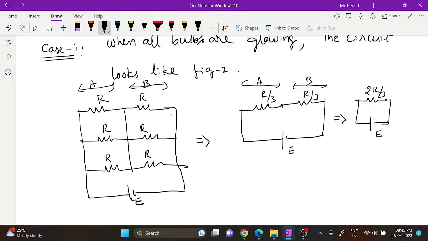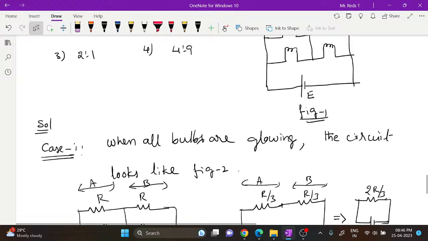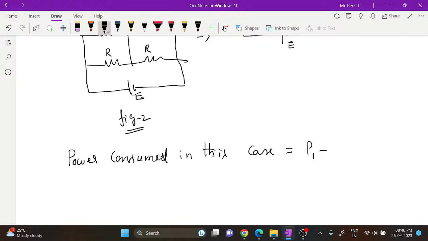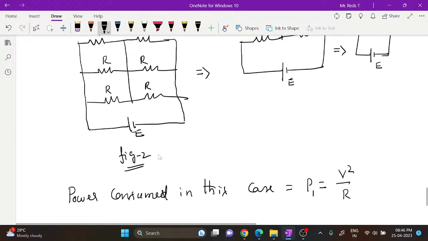The question is, what is the power consumption when all bulbs are glowing? When all bulbs are glowing, the resistance is the combination of figure 2. Power consumed is usually V square by R. When you know the resistance and the supply voltage, it is supply voltage square by resistance.